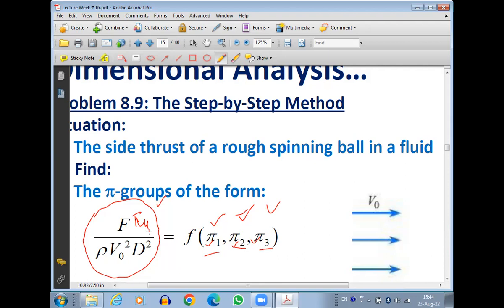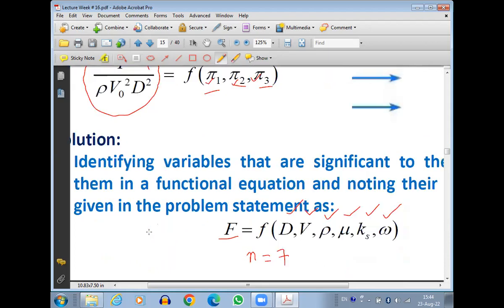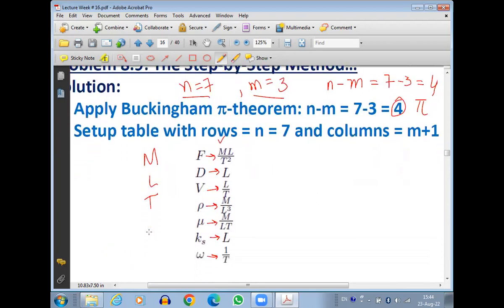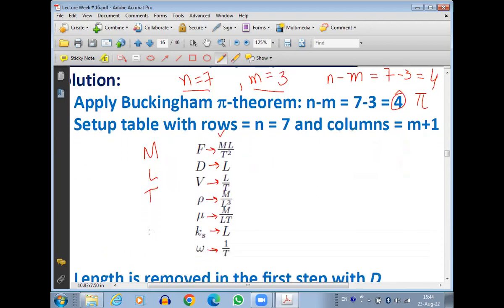Pi 4 is already defined in the problem statement, and we need to find pi 1, pi 2, and pi 3 if pi 4 is this one. So the first step was to write all the variables.